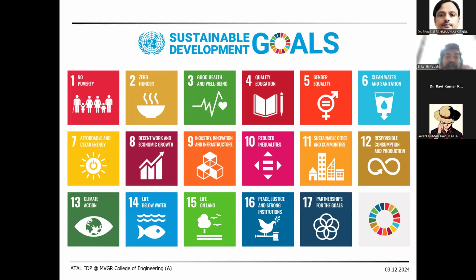If you fail in, let's say, goal 3, good health and well-being, or if you fail in clean water and sanitation, you'll fail in good health and well-being. Now, as far as this FDP, the faculty development program, is concerned, goal 7 is very important, which is affordable and clean energy.